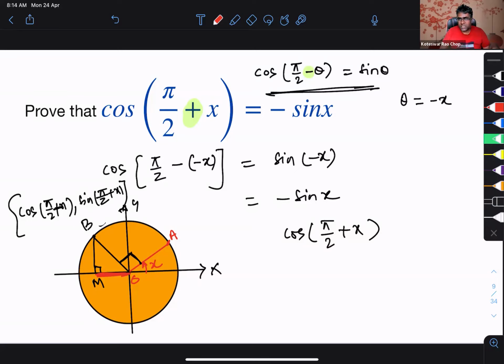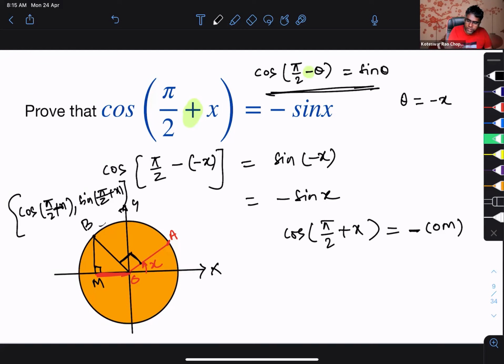I cannot just write OM, because OM is a number, but the x coordinate is negative here. So I need to put a minus sign and then write OM. I hope you guys understand. And then we are trying to show that this OM is actually sin x. Now, how can you show that OM is sin x?